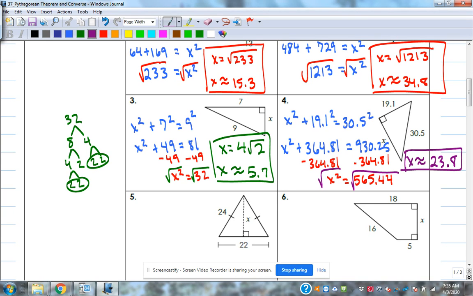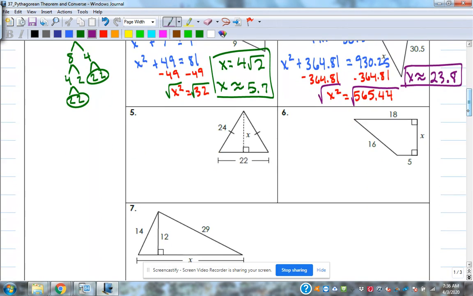All right, let's look at another strange picture here. We have a triangle, and it looks to be an isosceles triangle because it has the congruent marks on each side there. So that means that this side over here is also 24. And they drop this perpendicular down from in between the two congruent sides.